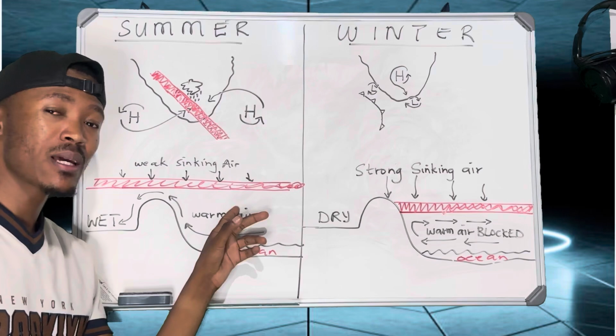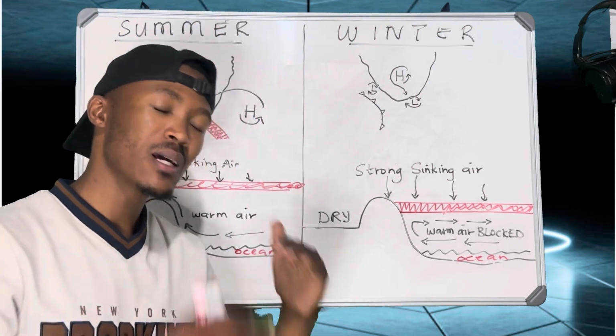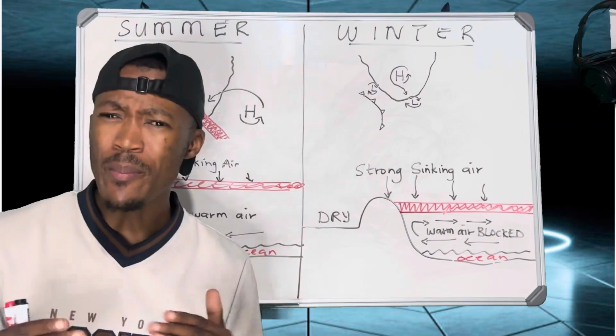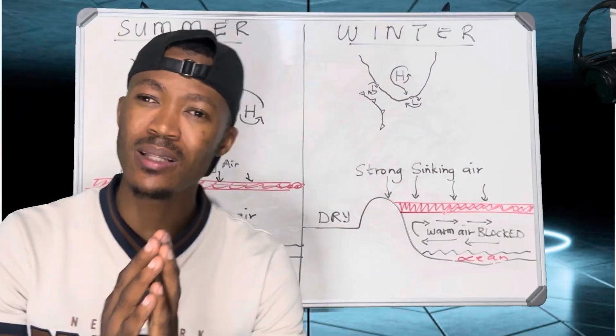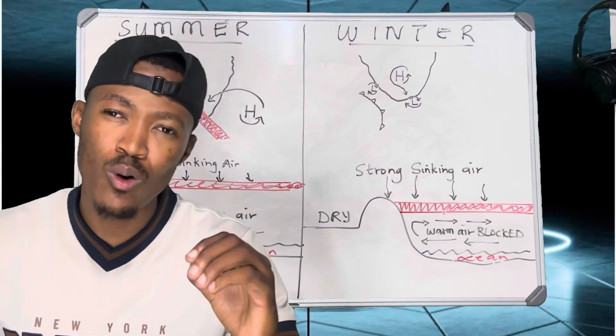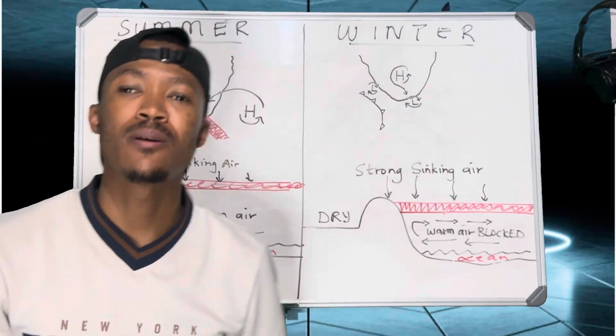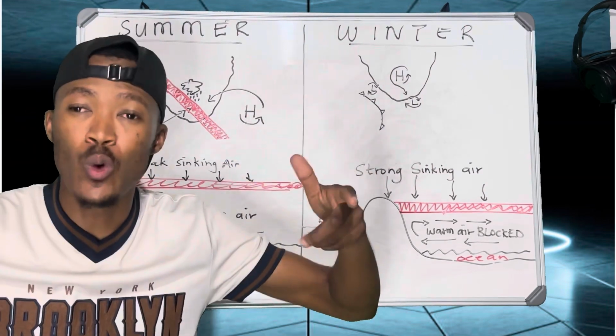Your inversion layer is a layer in the atmosphere where temperature inversion takes place. What do we mean by temperature inversion? It means that under normal circumstances, the higher you go, the colder it becomes. But with temperature inversion, we are inverting the normal knowledge.